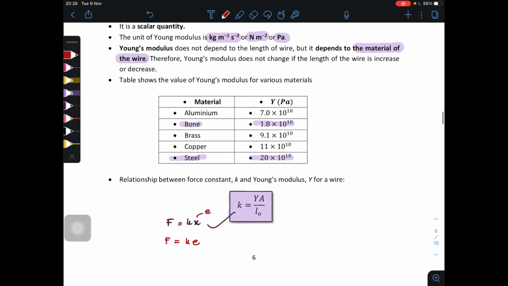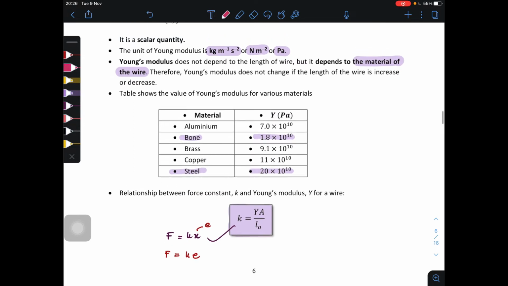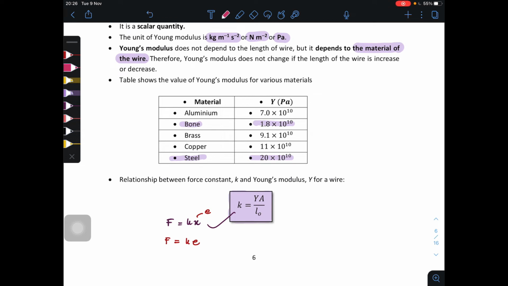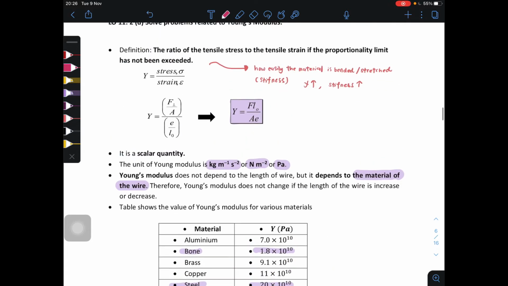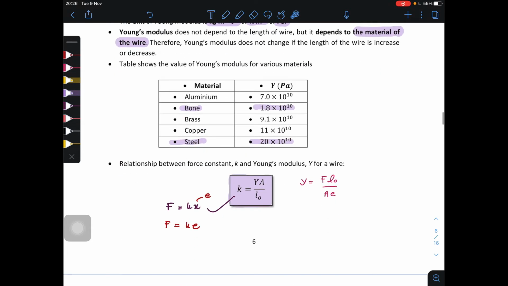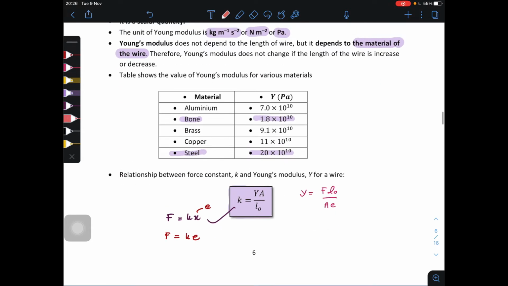Okay, so let me show you real quick the derivation here. Okay, kita tahu Young's modulus adalah sama dengan FL0 divided by AE. This one right here. So F dekat sini adalah sama dengan Ke, the force constant times with e.